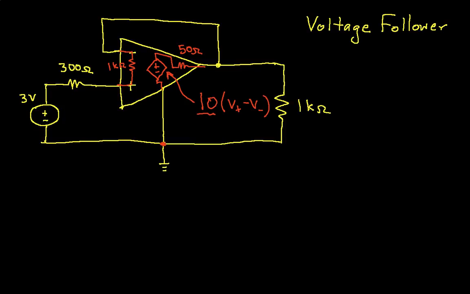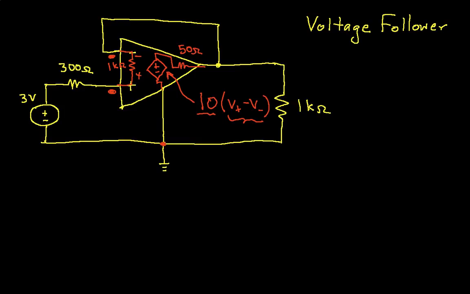But to make sure it's clear, I'm first going to label this term. The voltage across this 1 k ohm resistor is, in fact, V plus minus V minus. It's the voltage at the non-inverting input minus the voltage at the inverting input.